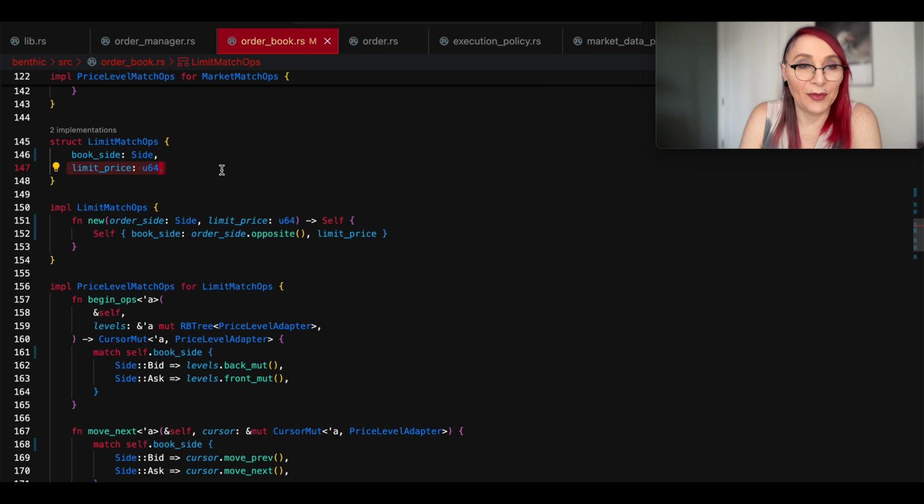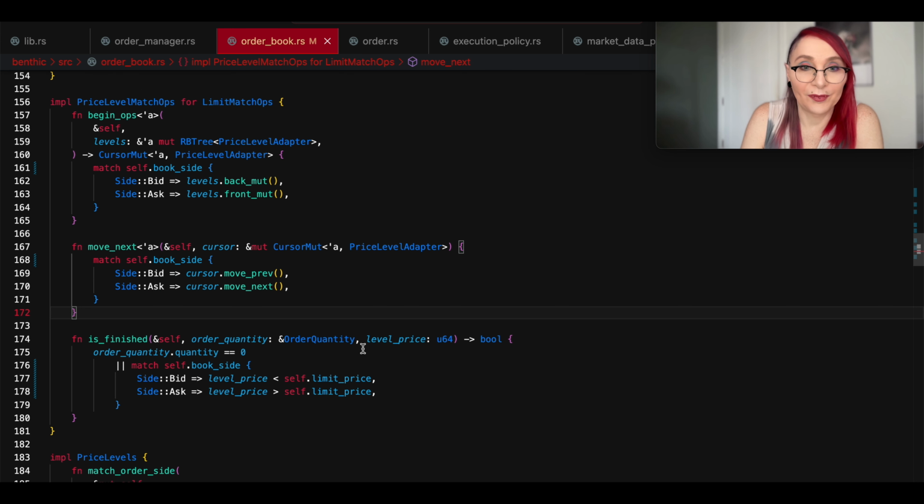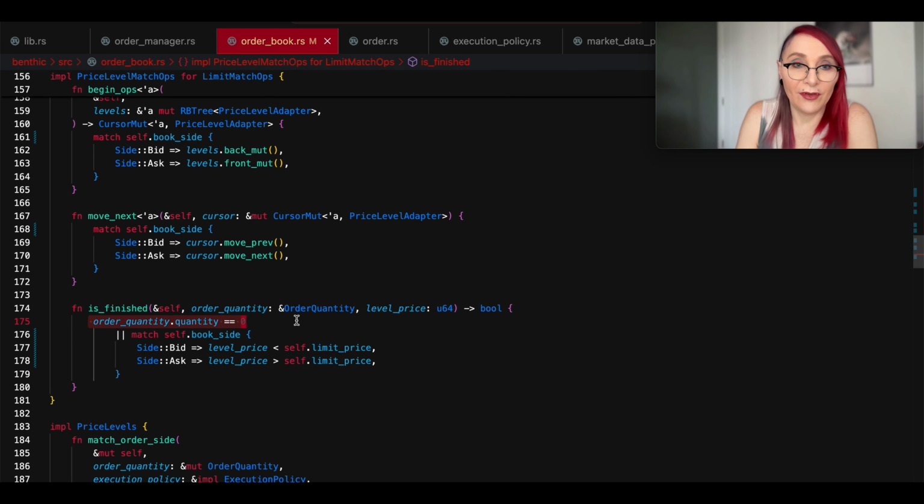So limit match ops have a limit price. The limit price is where we stop our iteration. We can see the implementation of the begin ops and move next is identical. The thing that changes is is finished, okay? So of course, if quantity is 0 and there is no more quantity on the order, this is when we finish.